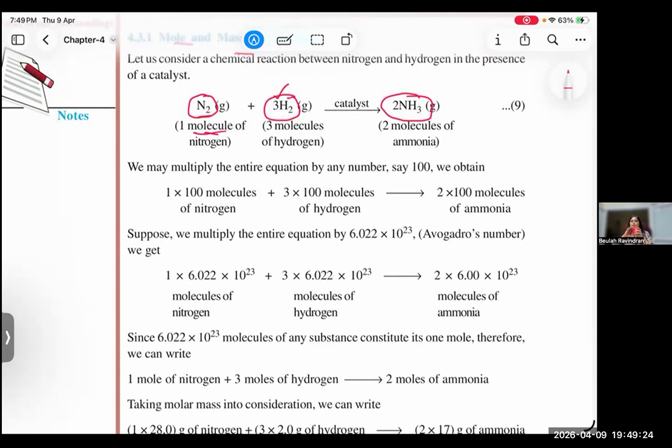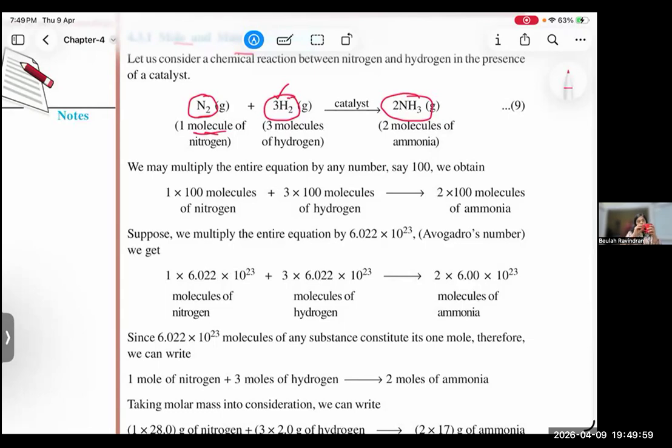Suppose scientists want to perform an experiment, definitely they need some quantity. So the scientists are assuming that they have taken one molecule of nitrogen with three molecules of hydrogen. We couldn't literally take one molecule. Inside this, it forms two molecules of ammonia.